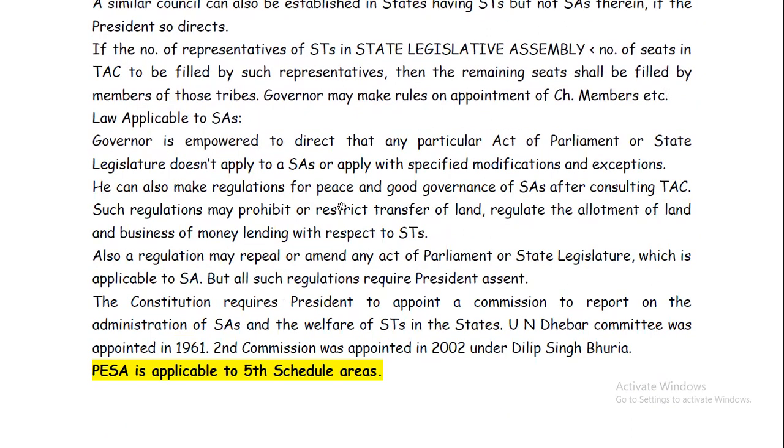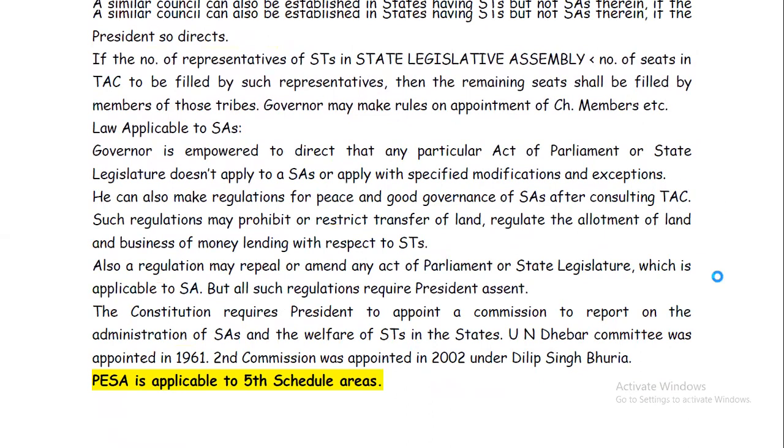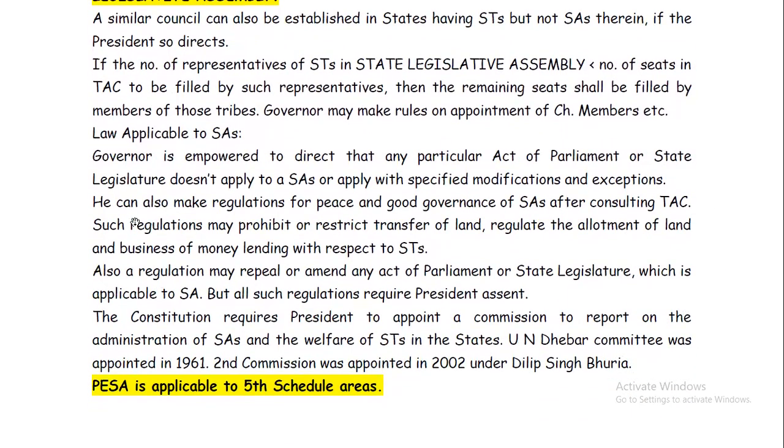Now, the Governor can make regulation for peace and good governance of scheduled areas after consulting with the Tribes Advisory Council. Okay, such regulation may prohibit and restrict the transfer of land, regulate the allotment of land and the business of money lending with respect to the ST. So whatever decision is taken on whether a law can be applied or not is considered with respect to the regulation of peace and good governance of such scheduled areas, because scheduled areas are comparatively backward.